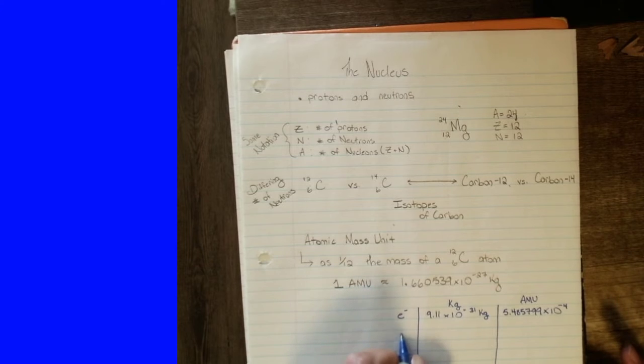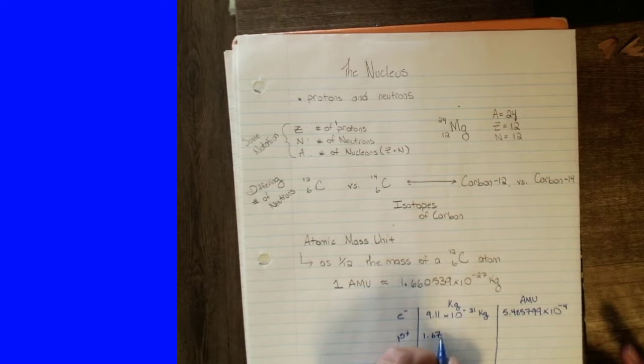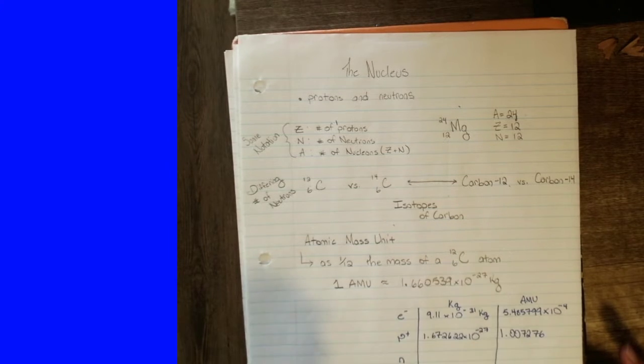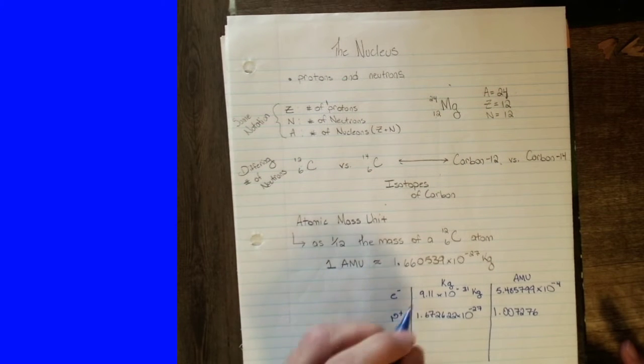Here I will also write the proton and the neutron. The proton is 1.007276 atomic mass units. And this kind of makes sense.